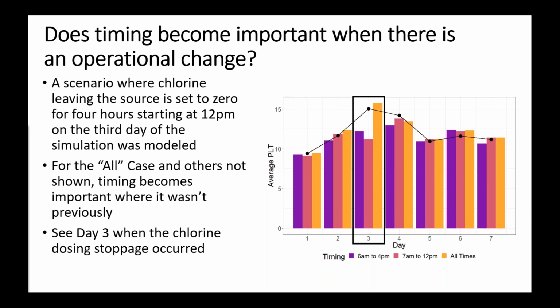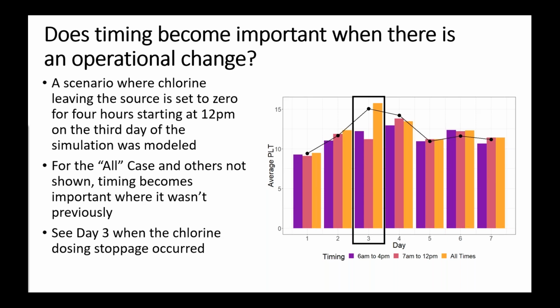And I'm demonstrating results for the fully random or all location case here. This kind of applies for all the other scenarios, even those not shown here. But somewhat unsurprisingly, timing does become more important where it wasn't previously. If we look at day 3 here, you can see it's in this box.